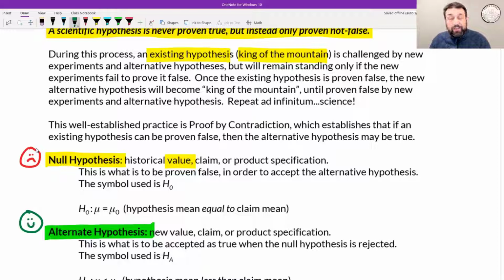That would make us very happy. And that's what we want to do. That's the whole point of the scientific method: you take a look at the existing theory and you try to come up with an experiment that pushes that theory off the mountain, and then you can replace it with your theory. And your theory will only hold until someone comes and pushes you off the mountain.